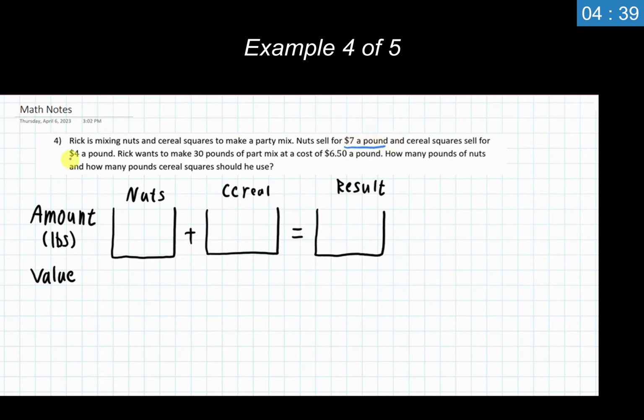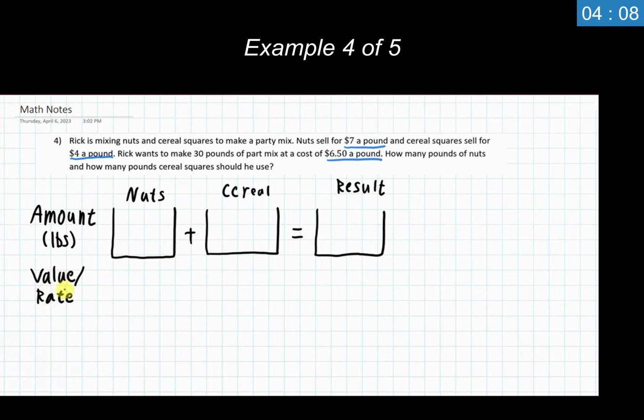This means our value is also a bit of a rate, so I'm going to put a little bit of rate in with this. This is going to change a little bit of how we create our final equation in this problem. So be on the lookout for the difference between $7 versus $7 a pound or $7 per pound. Rates make these things a little bit different as we're going through them.